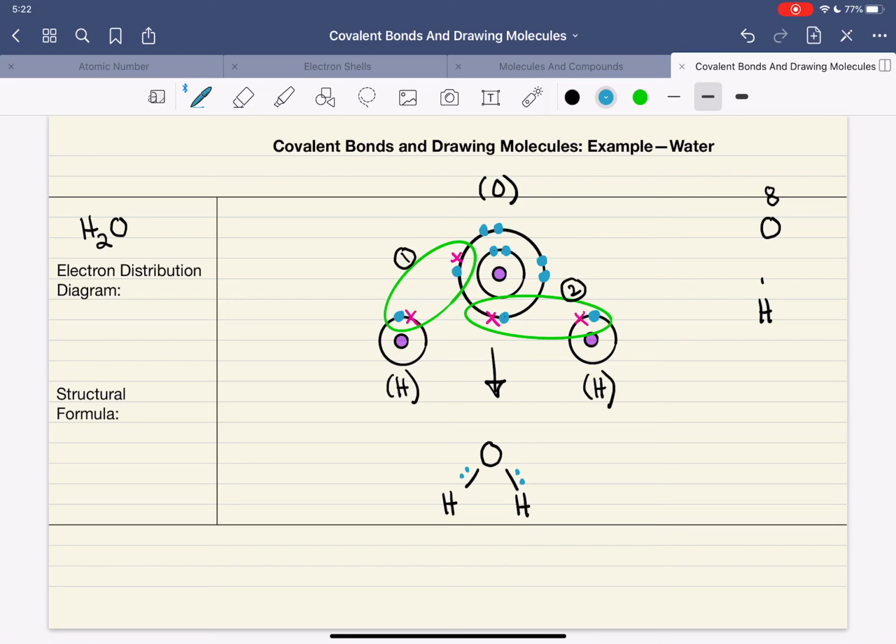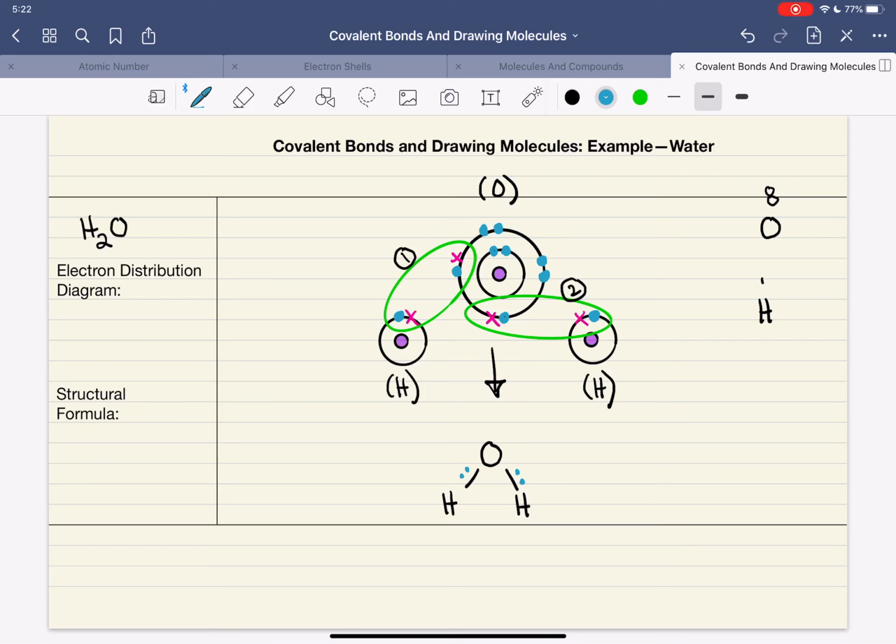But remember, everything that we're talking about here in this first part is dealing with polar covalent bonds. So remember, oxygen loves electrons. So those electrons aren't going to be perfectly shared down the middle. Okay?